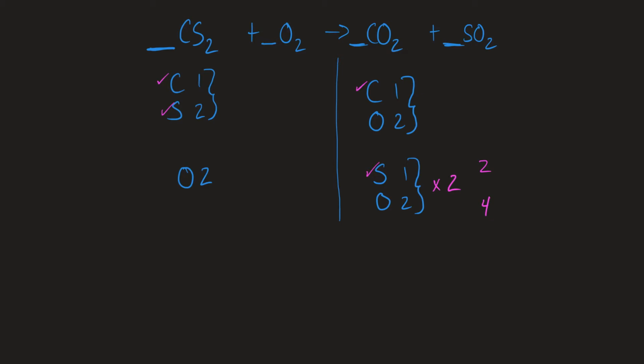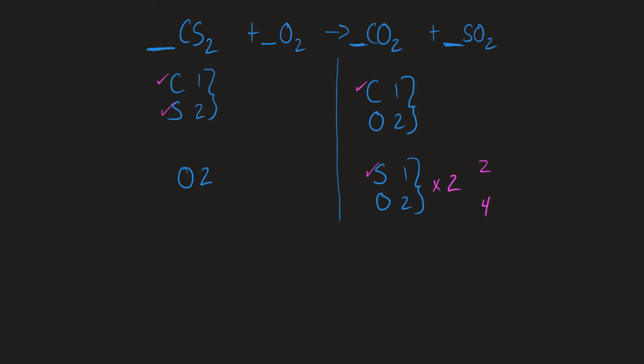Carbon is balanced. All right, so now what do I have left? I have oxygen left. And this is where you've got to pay close attention. You've got 2 oxygen on the left side, and you've got 6 oxygen, right? 2 of them with carbon dioxide, 4 of them with the 2 SO2s. So I've got a total of 6.